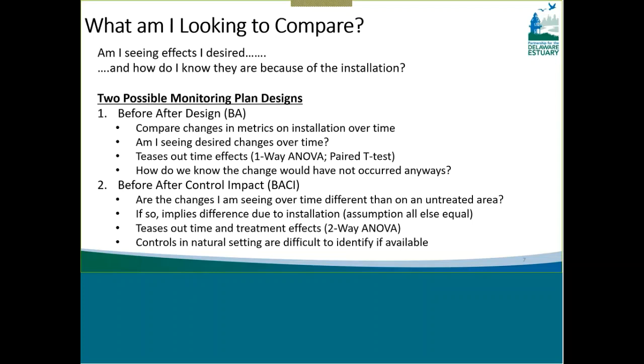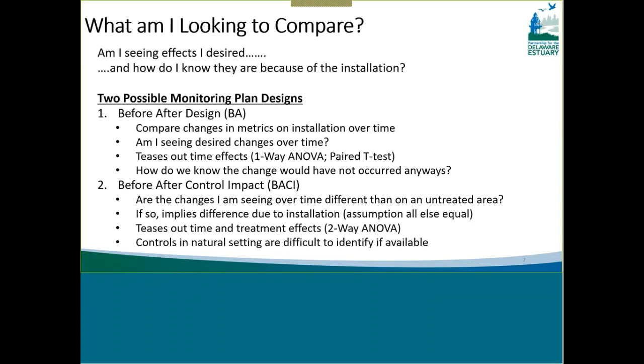All that means is you're looking at the place you did your thing on your living shoreline and a place near it that's like it that you didn't do anything, and you're looking at the same things at both places before you install and after. So then you can start to ask the question, are the changes that I'm seeing over time different on my living shoreline than on my area where I didn't do anything? And if so, that can imply a difference due to the installation you did, assuming everything else is equal.